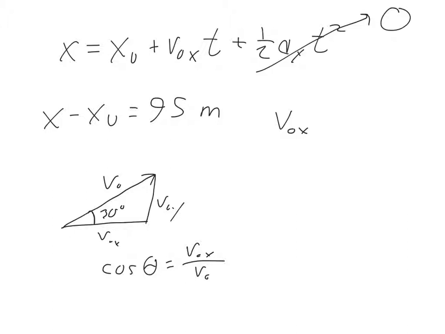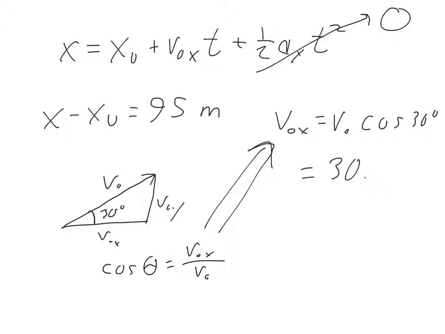With one step of algebra, we'll see that v naught x is just equal to the initial velocity times cosine of 30 degrees. If we plug in 35 meters per second for v naught and 30 degrees into cosine, we'll get a velocity of 30.3 meters per second.